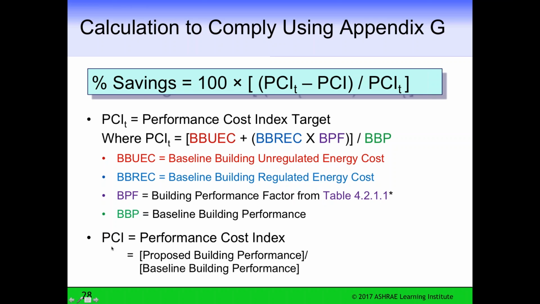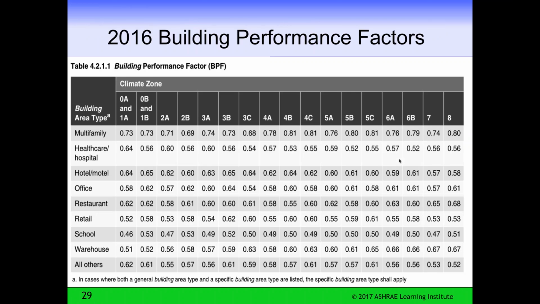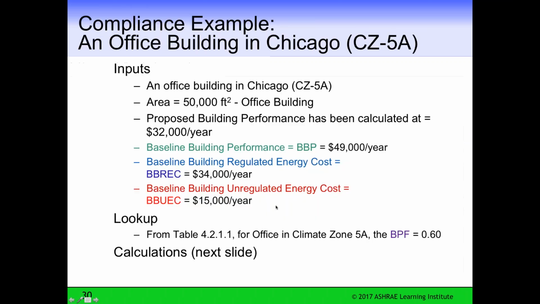And then you have your PCI, your performance cost index, which is your proposed building performance divided by your baseline building performance. So this is a complicated set of equations and variables for getting your calculated savings from Appendix G. And then here is the building performance factor from Table 4.2.1.1, and here is a further example.